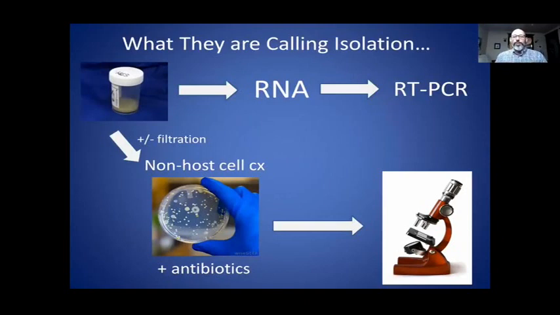Now, here's what the scientists that are publishing articles saying they isolated a virus are doing. So they start with the same sample, the lung fluid, but what they do first is they just take the whole thing. They don't filter it or purify it in any way, but they add some enzymes that dissolve the membrane, so it releases all the genetic material that may be inside of cells or particles into the free solution.